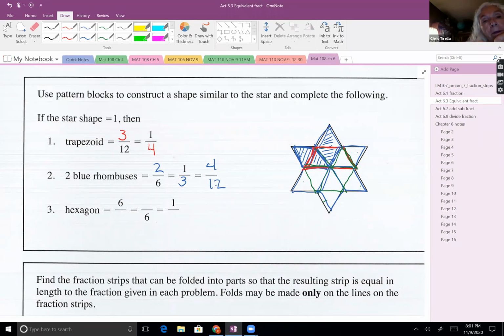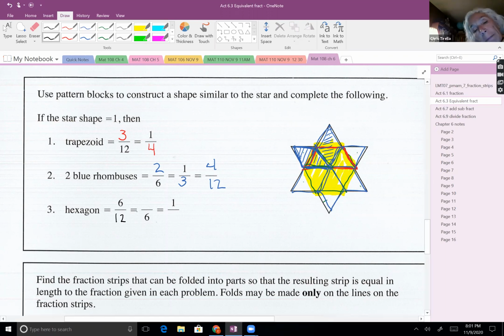And then instead, if I look at the hexagon, the basic hexagon, that yellow hexagon, is this part. And isn't that yellow hexagon made up of 6 of the 12 triangles?